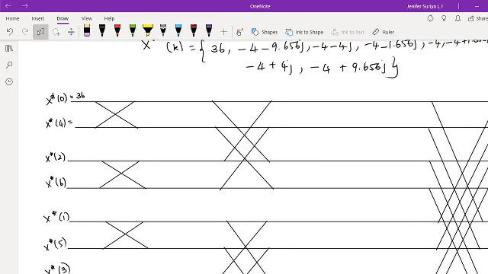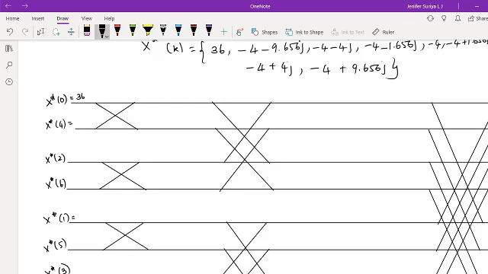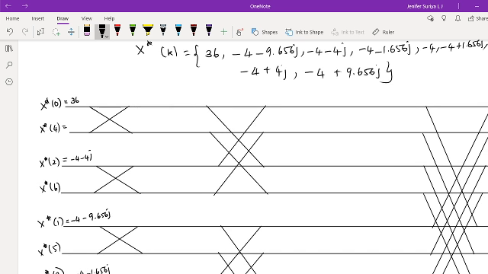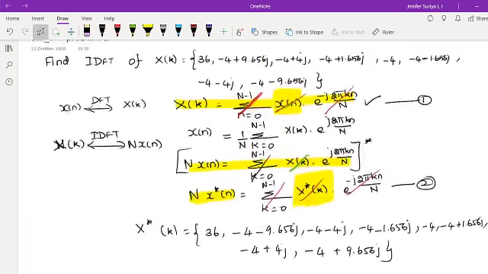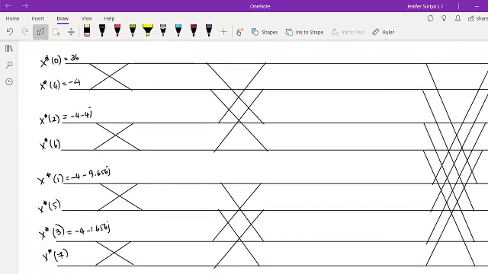I'm writing the values directly: X star of 1 is minus 4 minus 9.656j, X star of 2 is minus 4 minus 4j, X star of 3 is minus 4 minus 1.656j, X star of 4 is minus 4, and X star of 5 is minus 4 plus 1.656j.